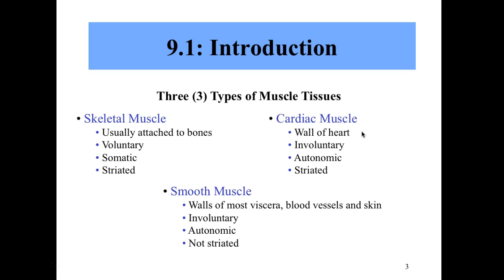It's an involuntary action, an autonomic response, and it is striated as well. Smooth muscle is another involuntary response, makes up the walls of most viscera, blood vessels, and skin. It's part of the autonomic response, and it's a non-striated muscle type.